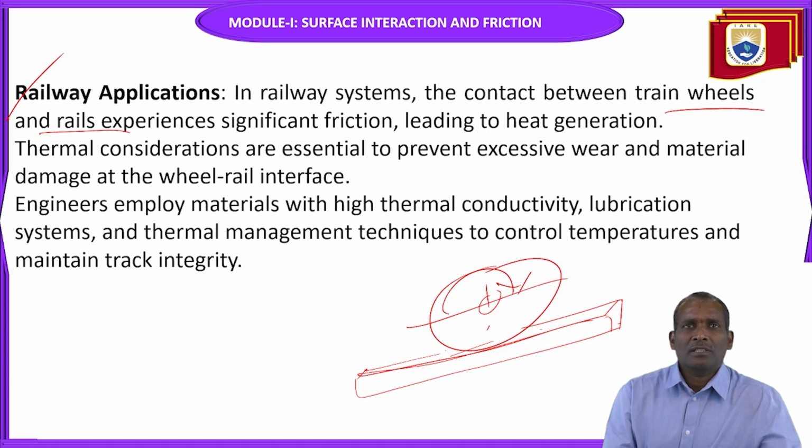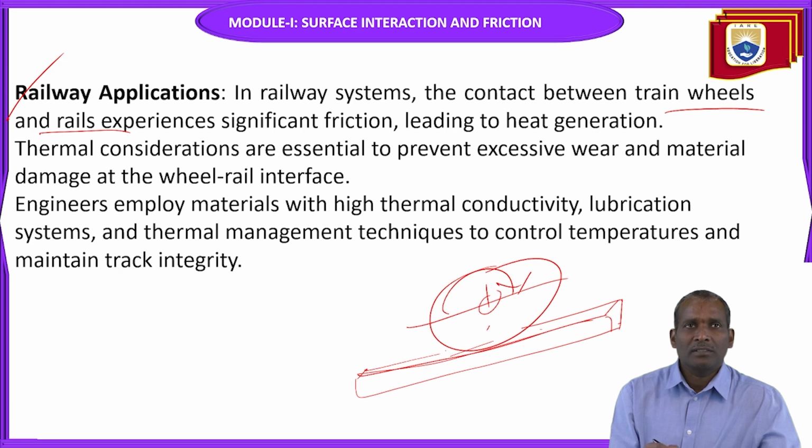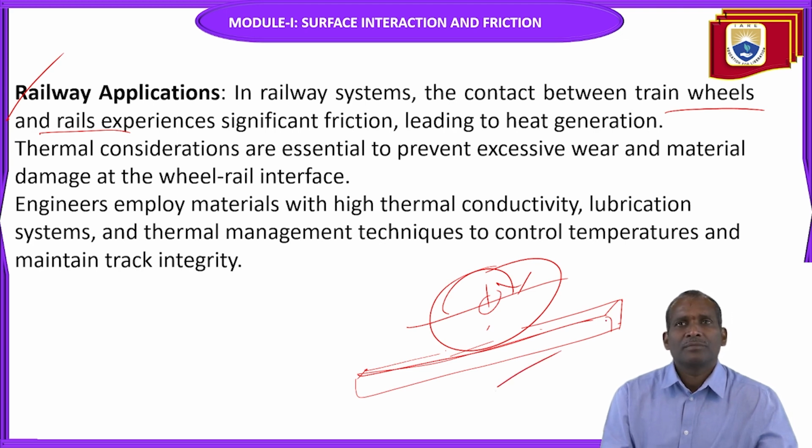So thermal considerations are essential to prevent excessive wear and material damage at the wheel-rail interface, so engineers employ materials with high thermal conductivity, lubrication systems, and thermal management techniques to control temperatures and maintain track integrity. Those materials engineers have to select.